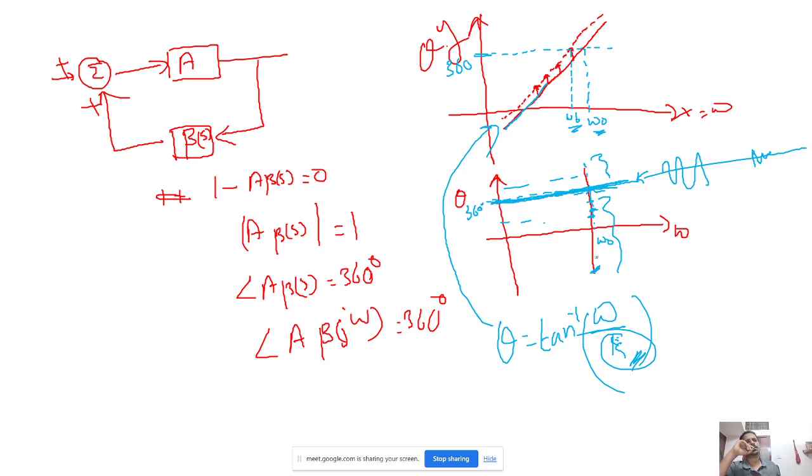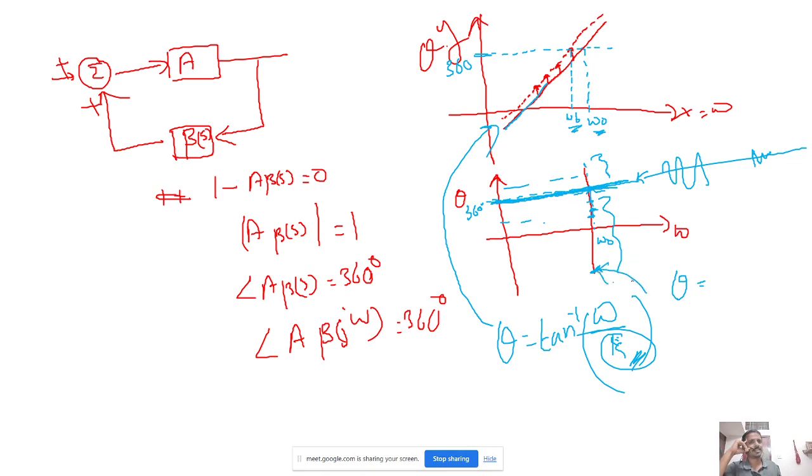Let me check, for example, the angle of beta, right? Maybe theta is some value, but it changes with frequency. I don't know how sir has done this, but I'll check.